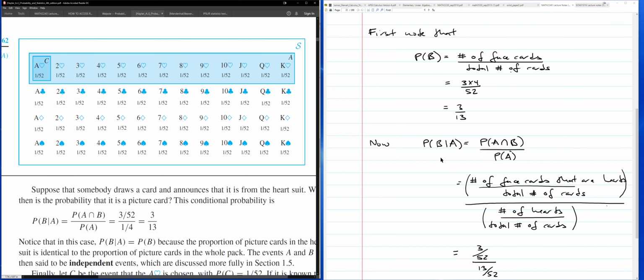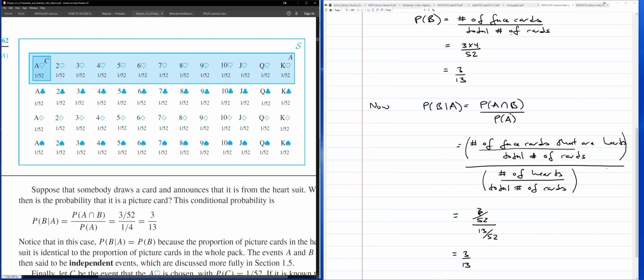So your conditional probability would be the probability of A intersect B, 3 on 52, divided by the probability of A, 13 on 52, which is 3 on 13.